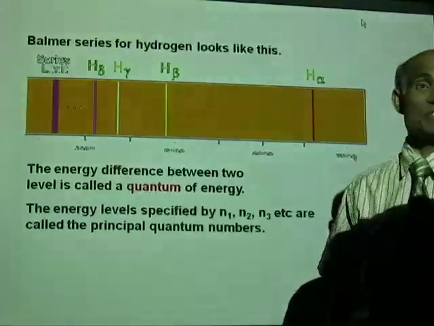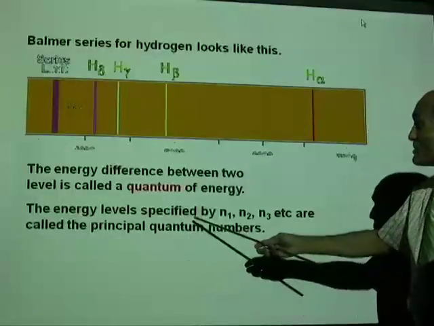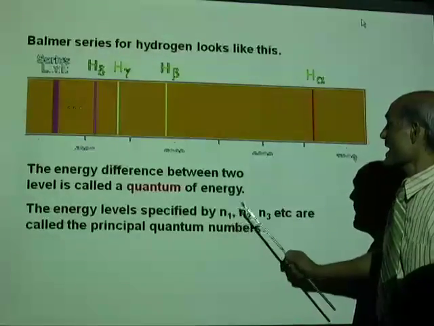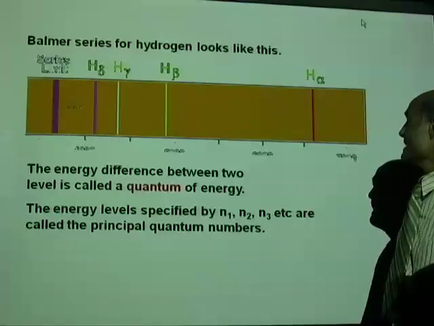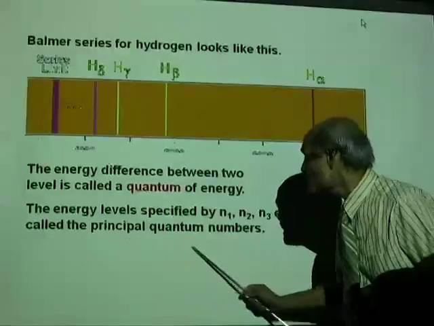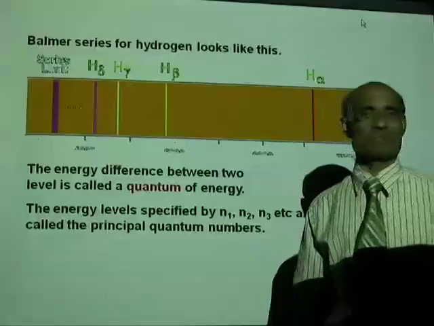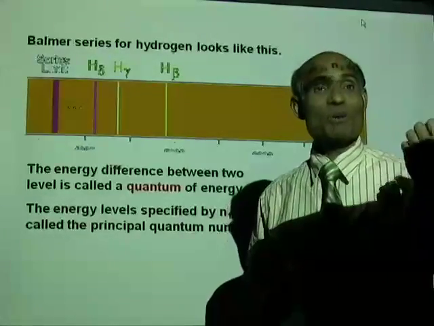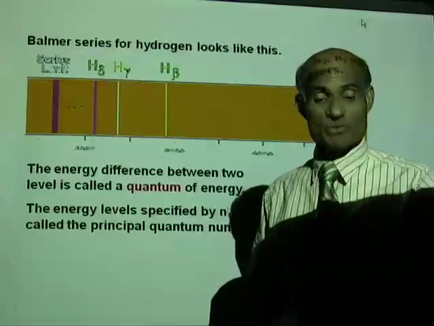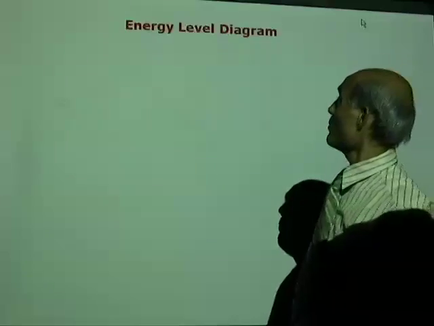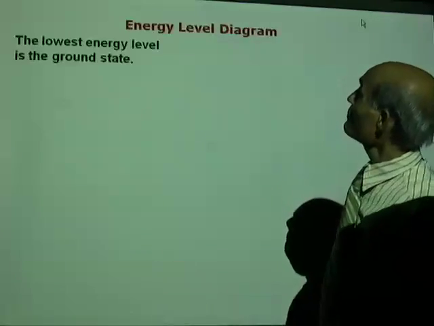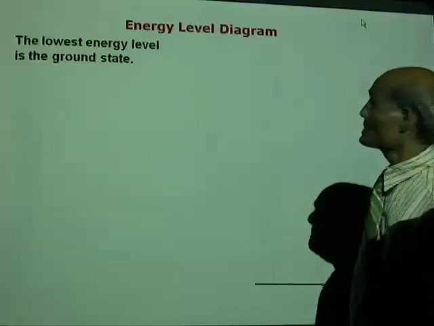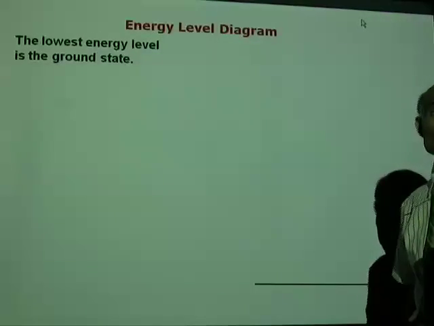So h times f, which is a quantum of energy, can have different values depending on the frequency or the color of radiation. The energy levels specified by n1, n2, n3, etc. are called the principal quantum numbers. So n equal to 1 is the principal quantum number 1, n equal to 2, n equal to 3, and so on. And so if you draw an energy level diagram, how will that look like?